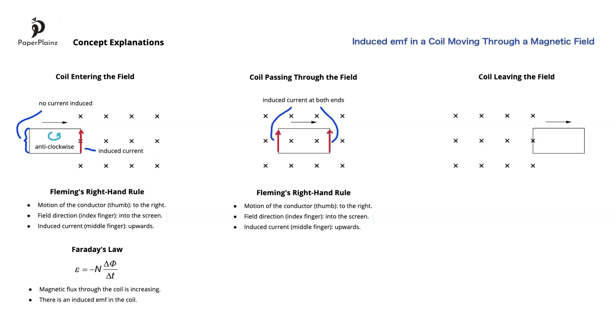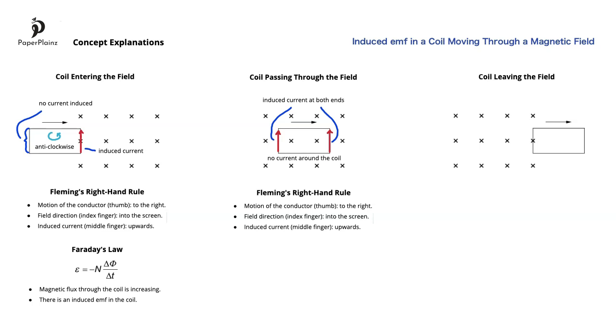Just as before, there is no induced current in the horizontal sections of the coil, and you can imagine that the two upward currents at the two ends cancel each other out. Therefore, no current flows around the coil. Of course, this also means that there is no induced EMF in the coil.